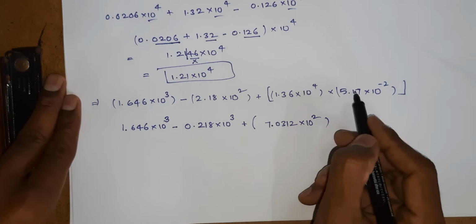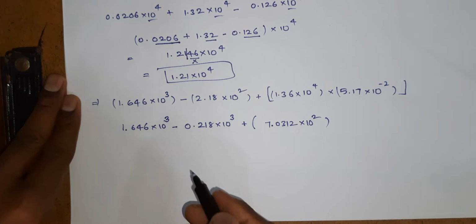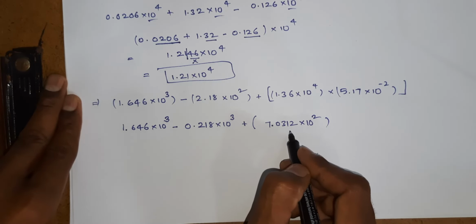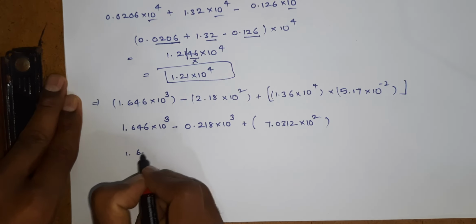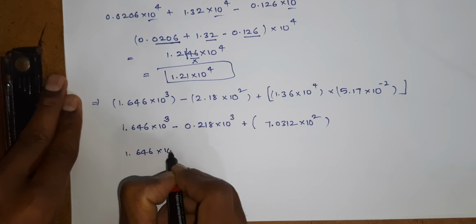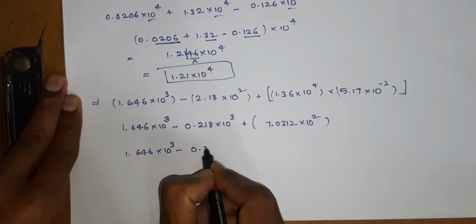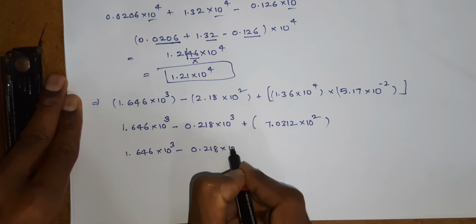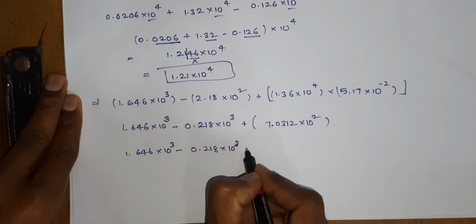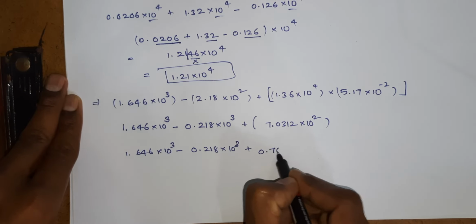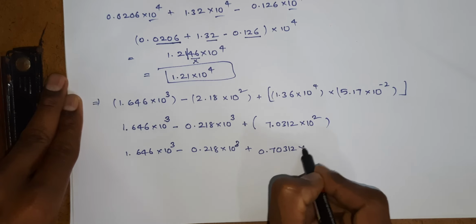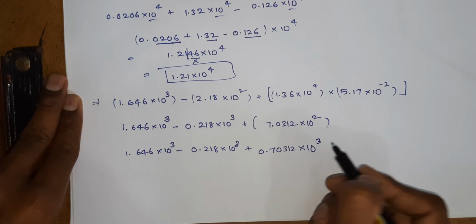Then again write this also in 10 to the power of 3. So 1.646 into 10 to the power of 3, 0.218 into 10 to the power of 3, plus 0.70312 into 10 to the power of 3.